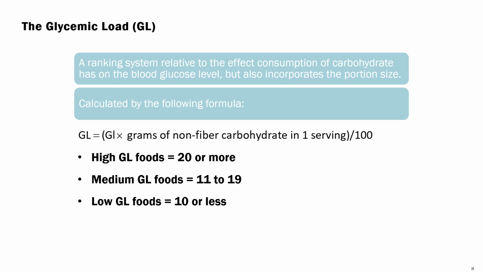Again, examples are whole wheat bread, oatmeal, and some fruits like grapes. And then low GL foods have a GL of 10 or less. These foods have a minimal impact on blood glucose levels and promote more stable energy levels. Examples, again, are vegetables, legumes, and whole grains like barley and quinoa.